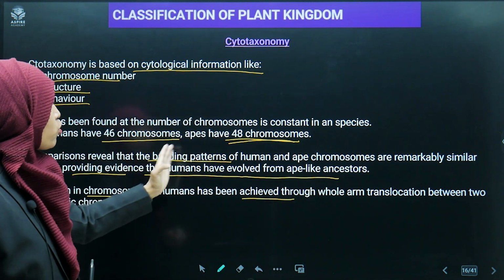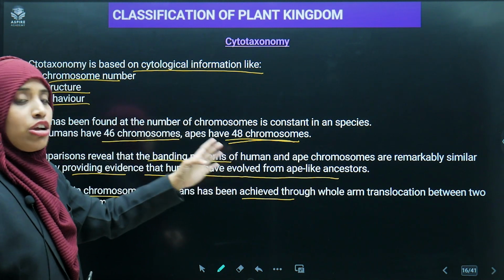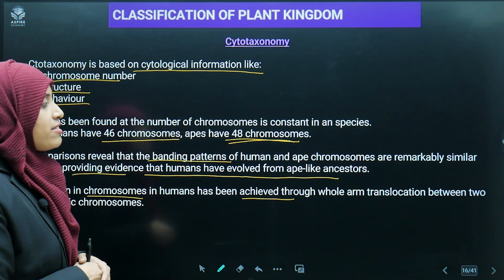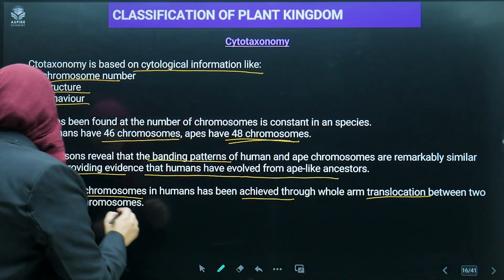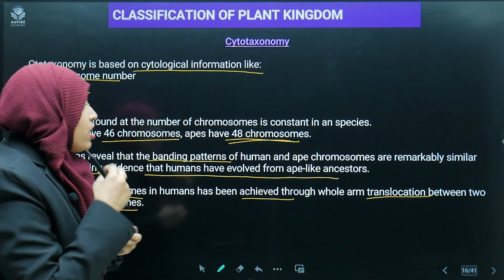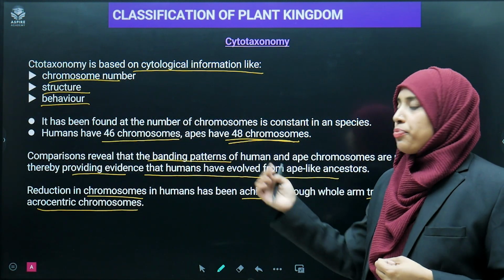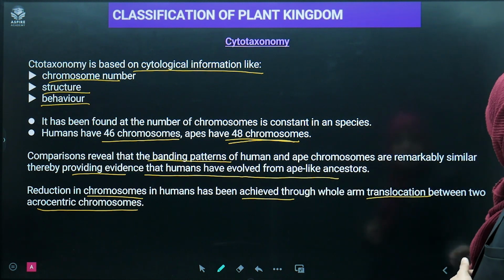So how has the chromosome number changed? From 48 in the ape ancestors, how has the chromosome number decreased? Because of translocation between two acrocentric chromosomes. So there was a translocation in the chromosomes because of which the chromosome number decreased. So the apes are the ancestors of humans.